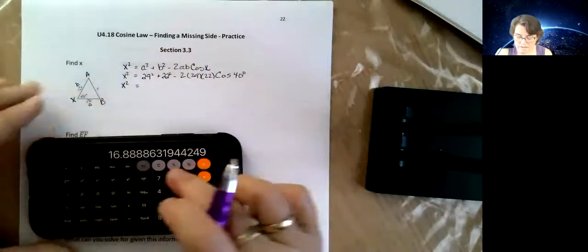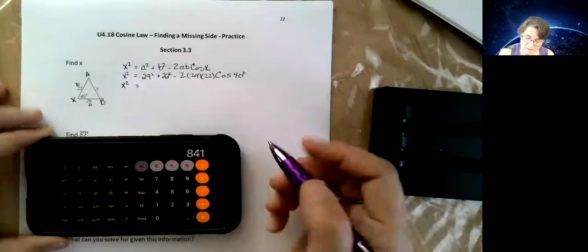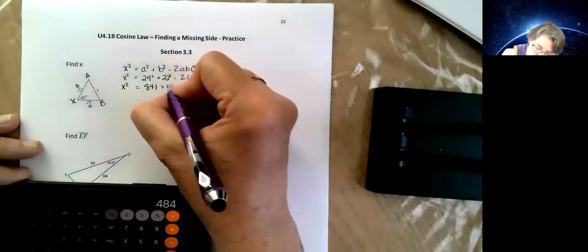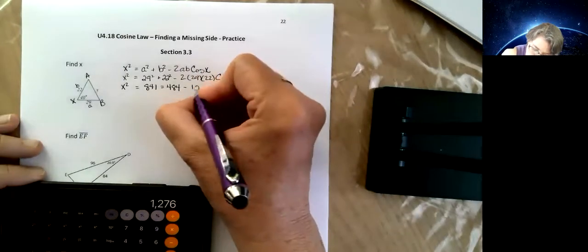Okay, clear. 29 squared is 841. Two times 29 times 22 is 1276.